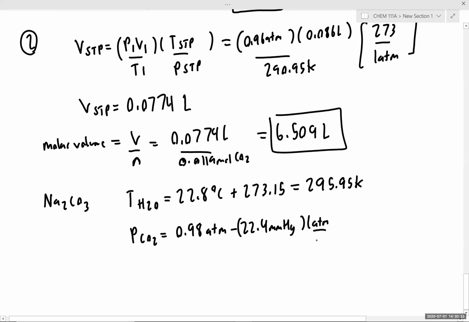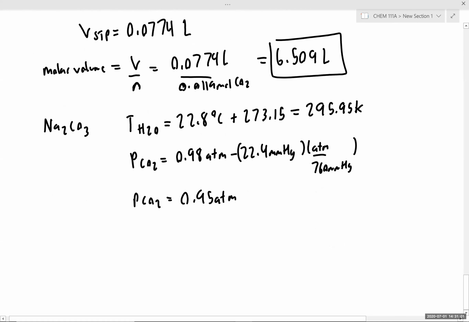We can convert that to atmospheres, and that in turn gives us a pressure of carbon dioxide, in this case, of 0.98 minus 22.4 over 760, which gives us 0.95 atmospheres.